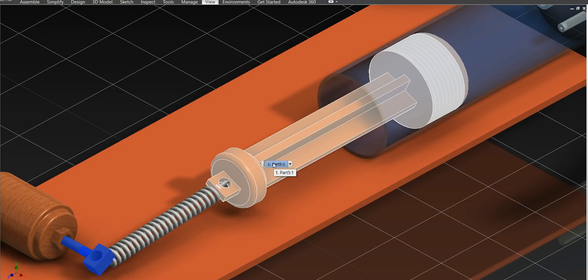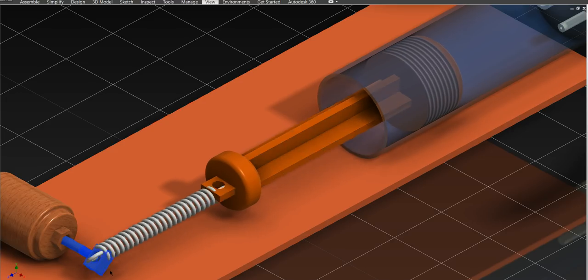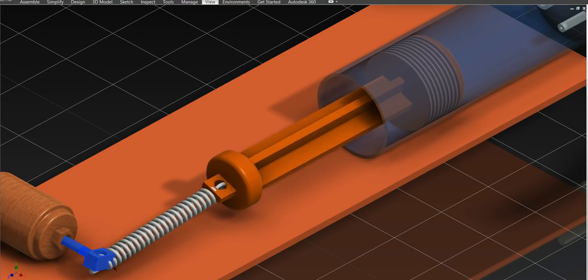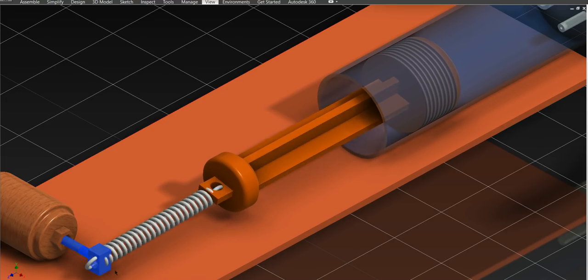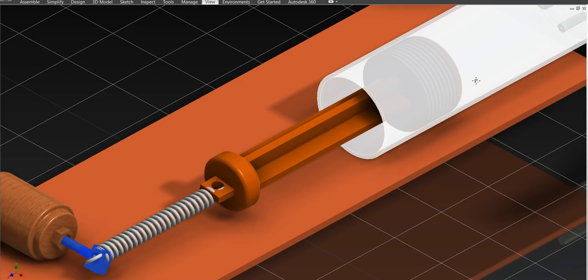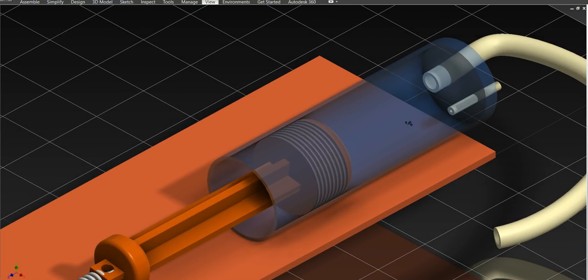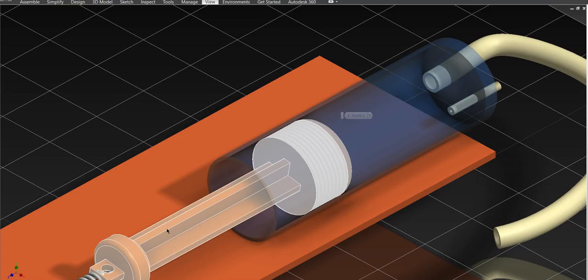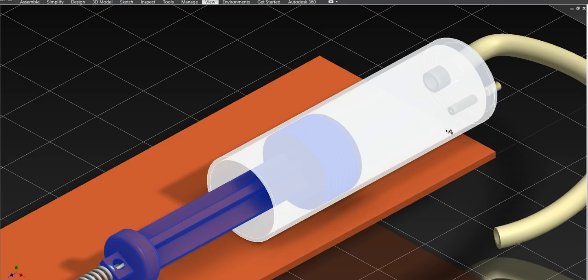Now this piston moves back and forth, creating an increase or decrease in the clearance volume of the cylinder. As we know that pressure into volume is always constant, when the piston moves inside, there is a decrease in the volume.